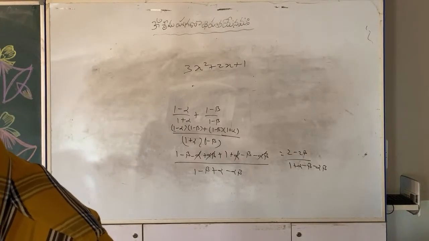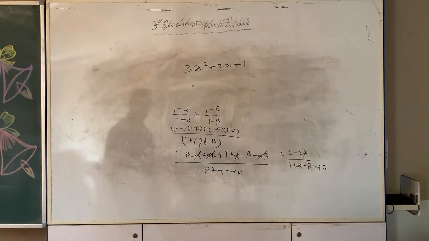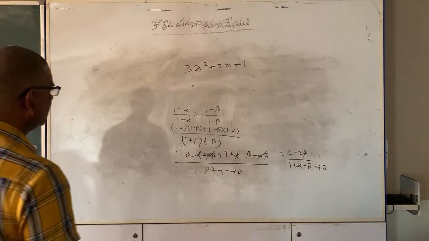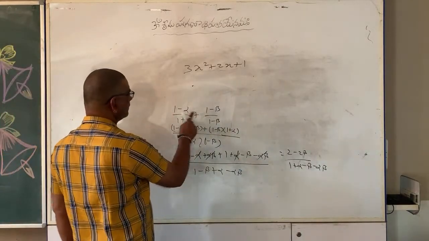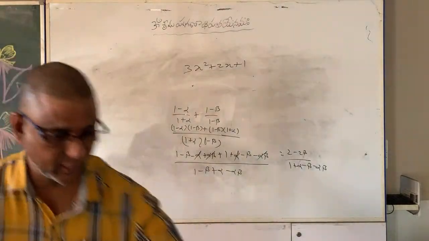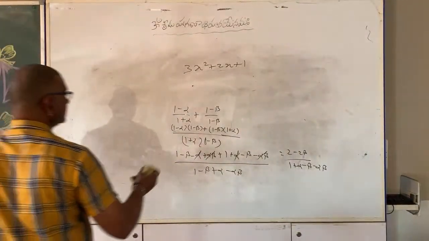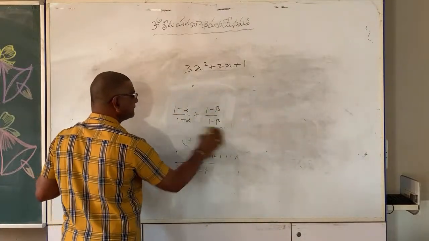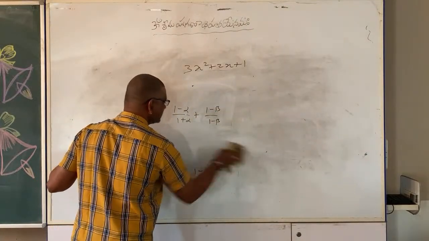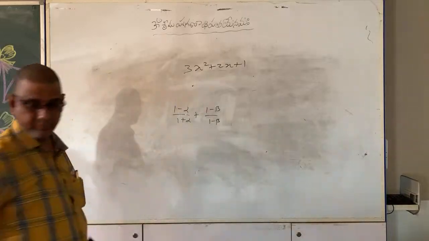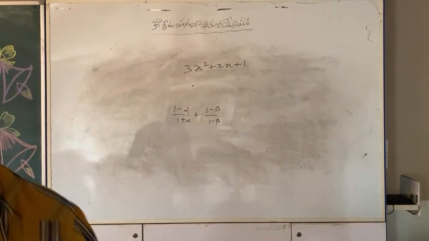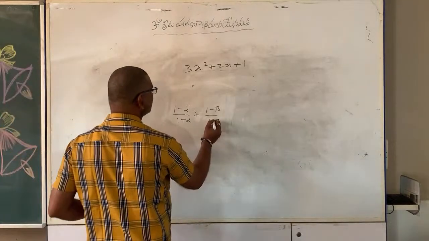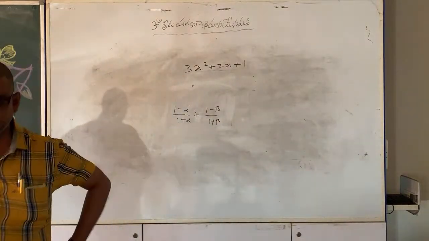Yes, we did it wrong over here. 1 minus alpha by 1 plus alpha. 1 minus beta by 1 plus beta. Sorry, 1 plus beta.